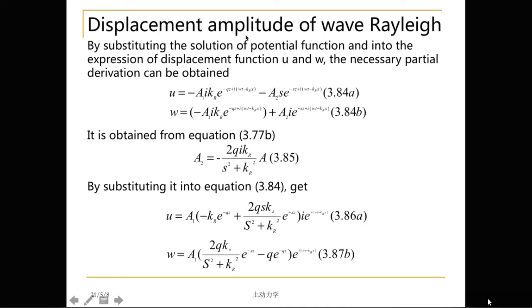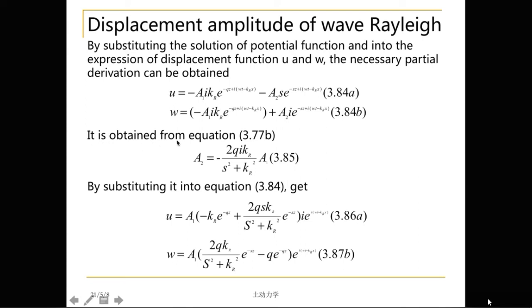Let's see the displacement amplitude of Rayleigh waves. By substituting the solution of the potential functions into the expansion of displacement functions u and w, the necessary partial derivatives can be obtained. u equals a1 minus a2, and w equals negative a1 plus a2, equations 3.84a and b.